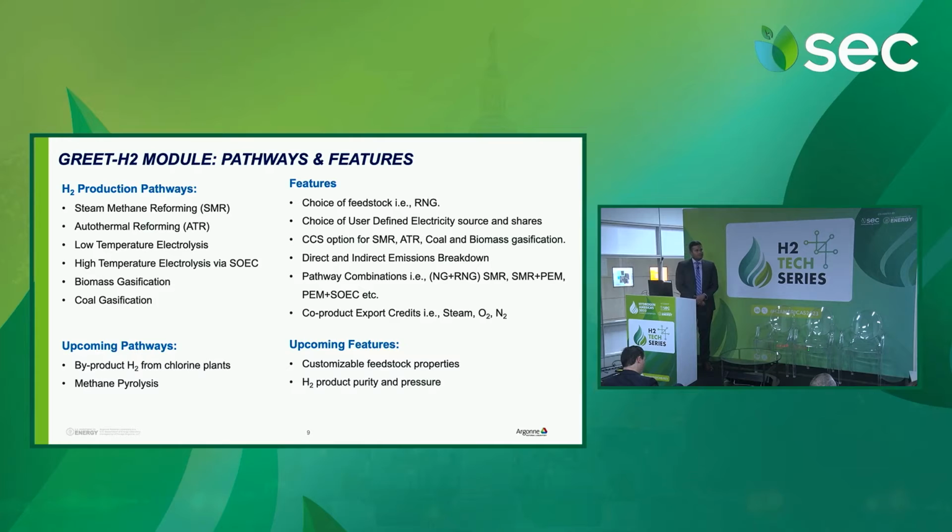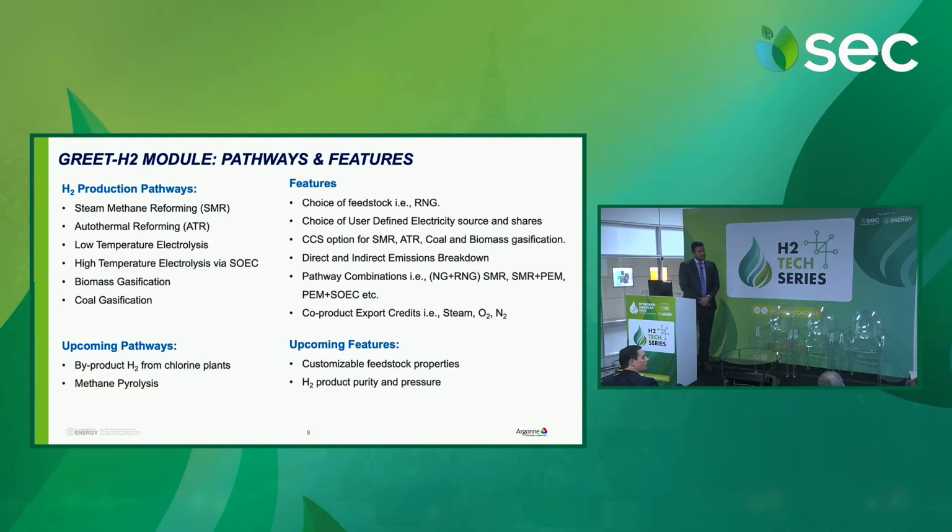Also, there are options for carbon capture and sequestration for SMR, autothermal reforming, and coal and biomass gasification pathways. Users have a choice to combine 2 technologies as well, such as SMR and PEM electrolysis. And then there are steam export options, oxygen export in case of electrolysis, and nitrogen export in case of autothermal reforming.